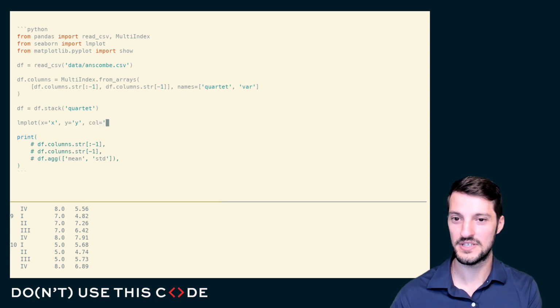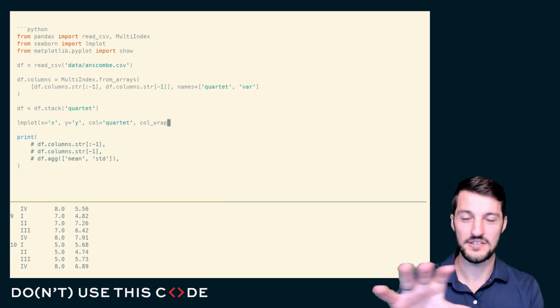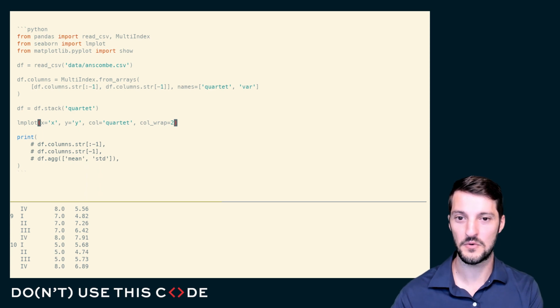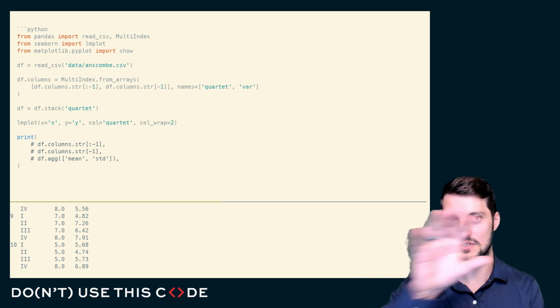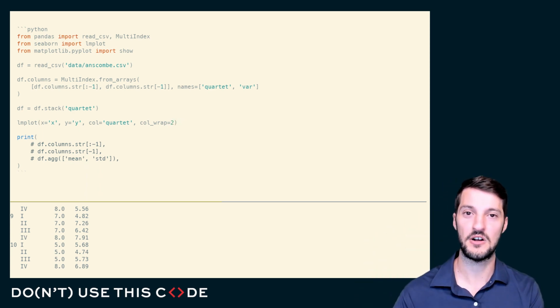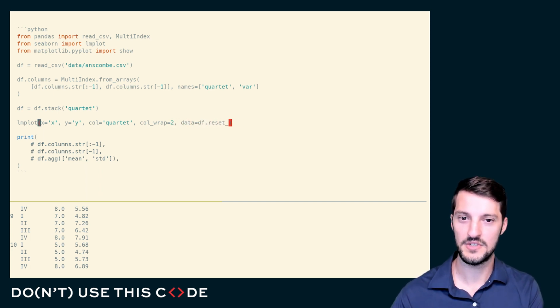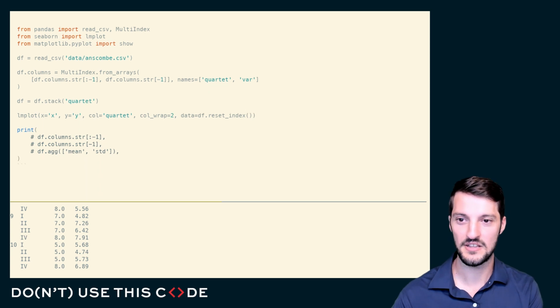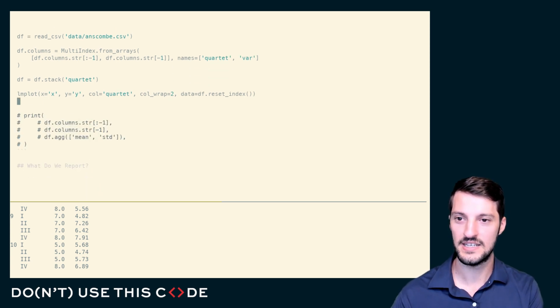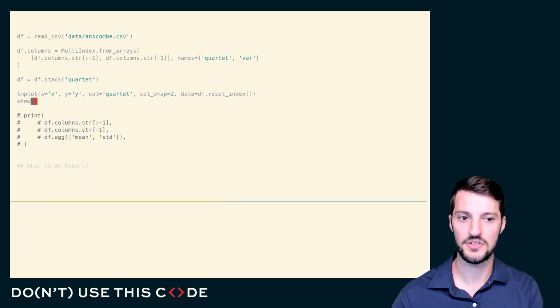Our column is, what was that called? I believe quartet. If we want to make a layout of these four things, we'll use a column wrap of 2, so we just see two columns per row. And we'll pass our data in. We need to reset the index because Seaborn does not look into the index. And let's go ahead and use matplotlib show here.